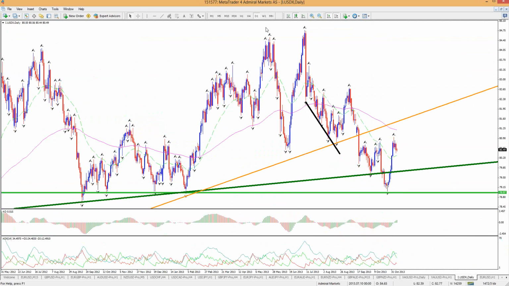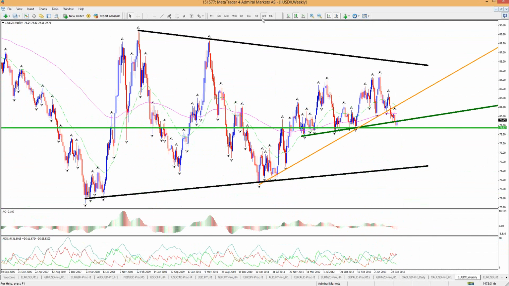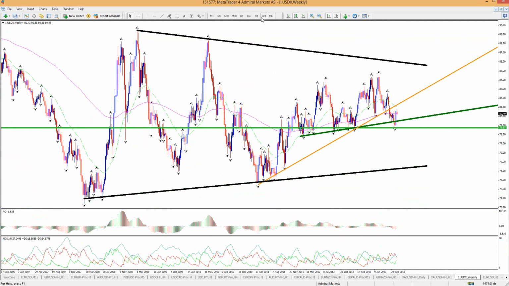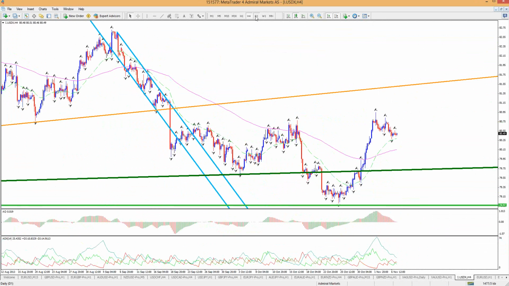This is the dollar index. Got a bounce off 79. Is this a bounce to fall? Good question. We'll find out today and tomorrow. This is looking like a upside and bull flag, but these bull flags are not 100%.